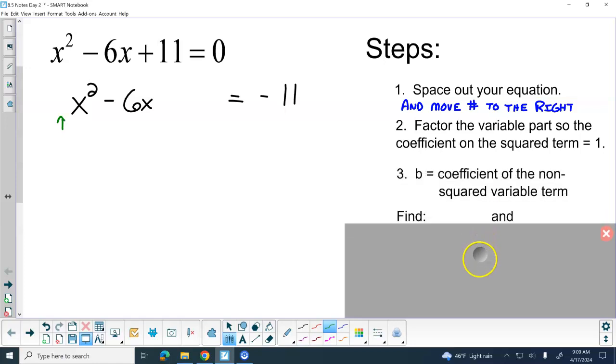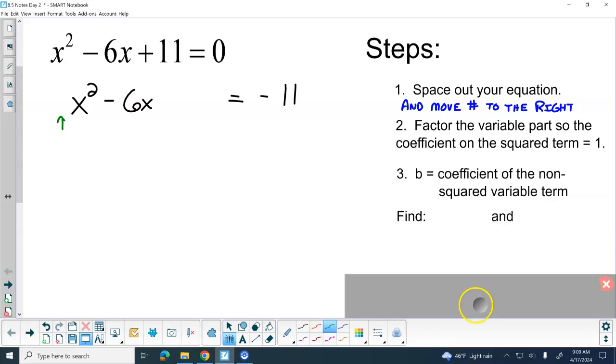The third step then is we are going to look for the b term. The b term is the coefficient of the non-squared variable. So in this case, b is equal to negative 6.